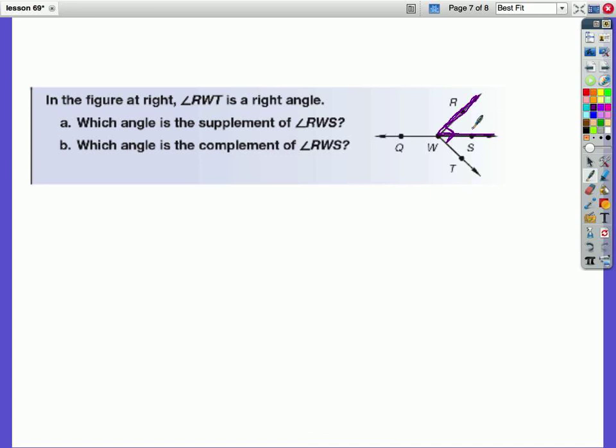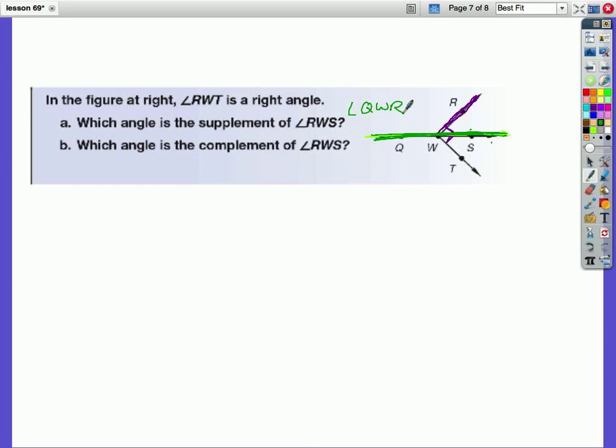So if we look, we have a straight line right there. Notice that QWR and RWS make that straight line. So I'm going to say that for A, the supplement of RWS is going to be angle QWR.